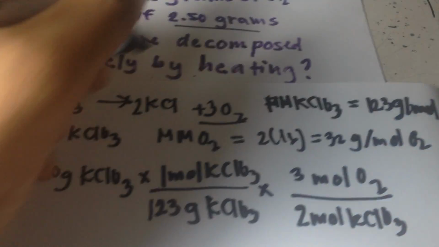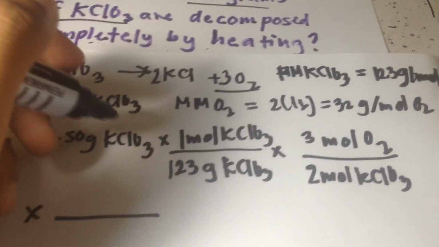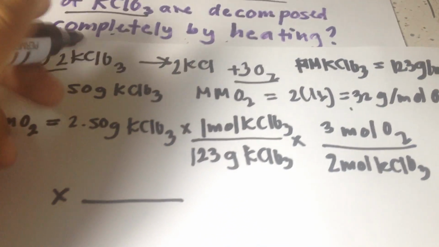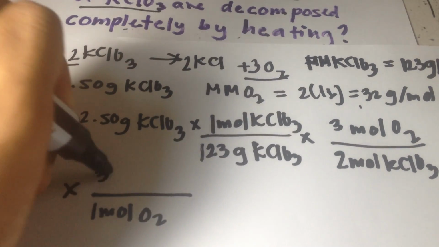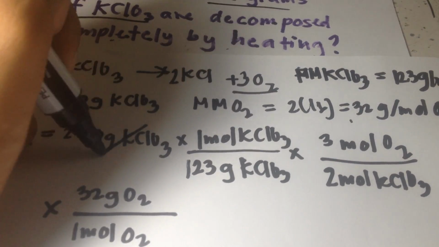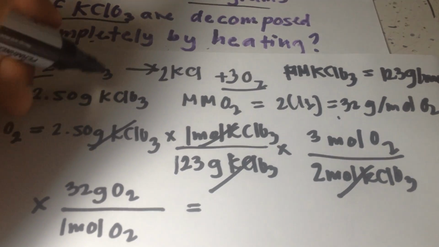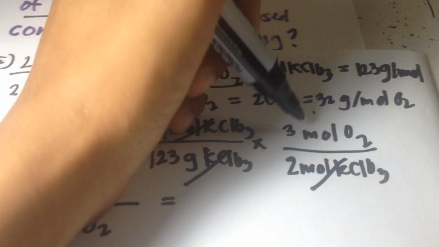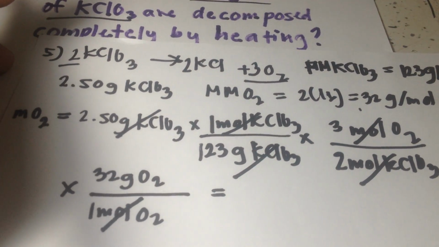So 3 moles of oxygen gas times the molecular weight of oxygen, which is 32 here. So 1 mole of oxygen gas is 32 grams of oxygen gas. So you cancel out the grams and the moles, and the left is grams.